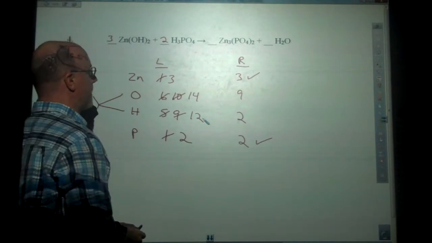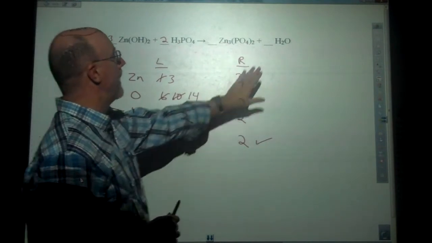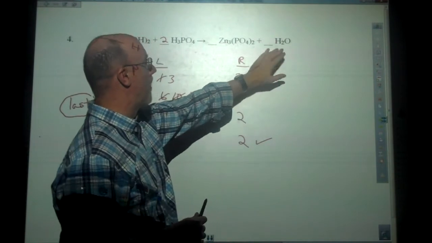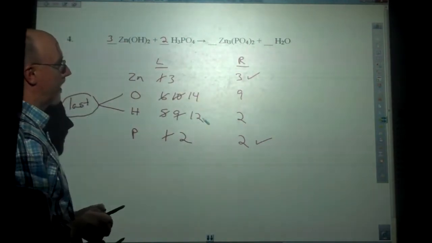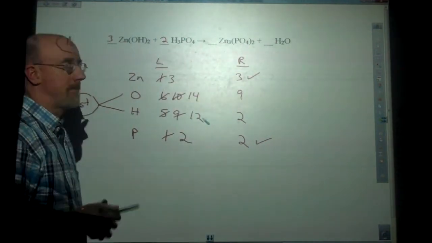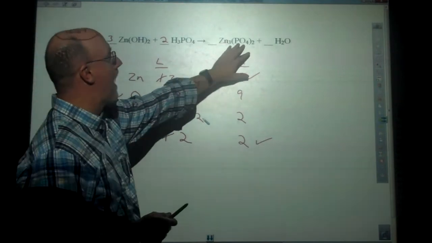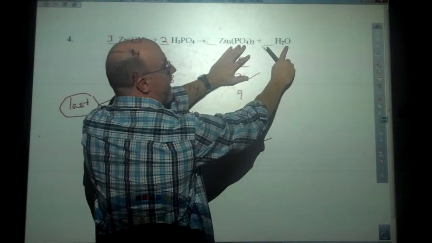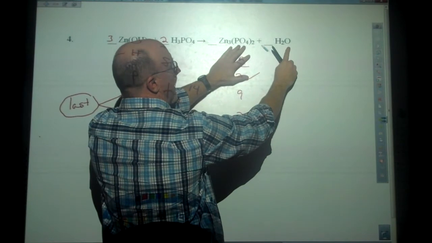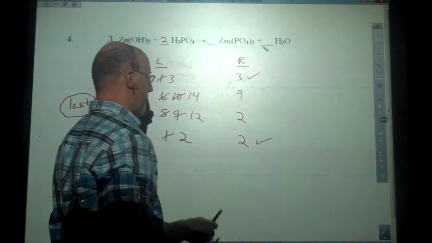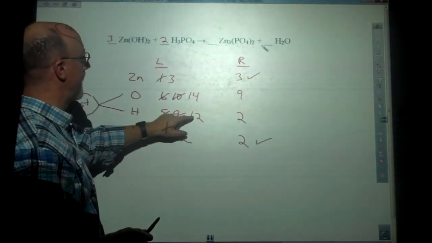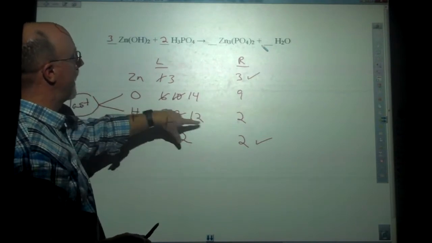So in recounting those, hopefully now we can put anything we want out front here and it won't affect any of the other elements. Hopefully that'll work. You can think of this from 2 perspectives. You can think of it from the oxygen perspective, but the thing that's a little weird here is oxygen's in 2 places. So you may want to think about it from the hydrogen perspective. If we look at hydrogen, we've got 12 on the left, 2 on the right.